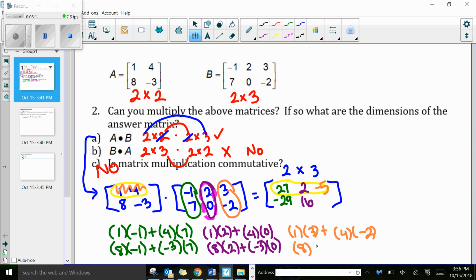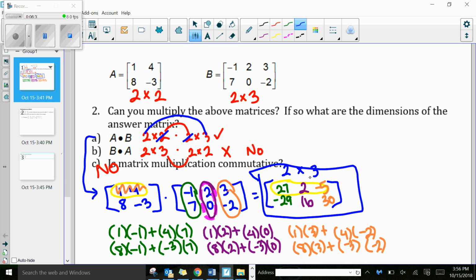So the first number 8 times the first number 3 plus the -3 times -2, and that would be 24 and 6, so that would make 30. So my answer is these 6 numbers. I'll keep the 2 by 3, but that's my answer, these 6 numbers.